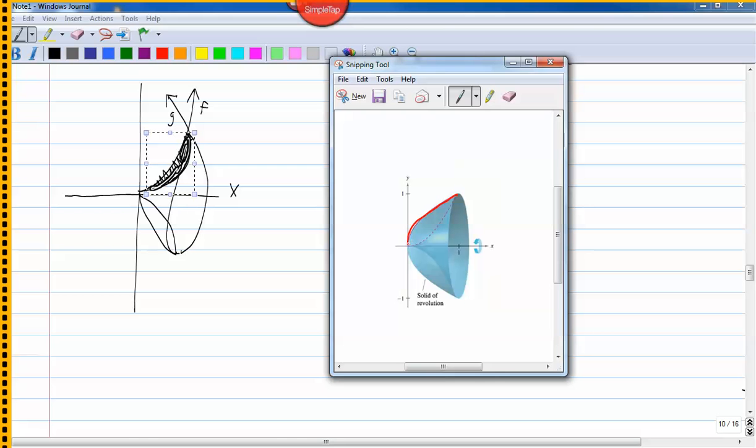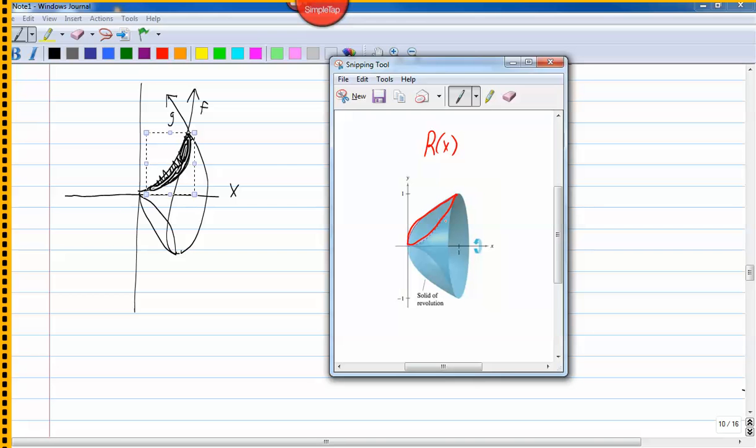But since I had just this piece and I was revolving that, there's going to be a lot missing in here. So if I take the outer radius, which I'm going to call capital R of x, which is the same height or radius that I had before, and I subtract the inner radius, then that will give me the volume of the figure.